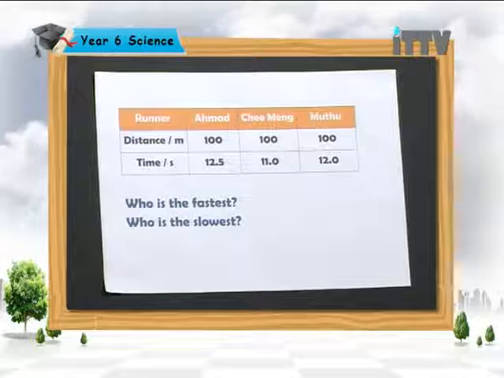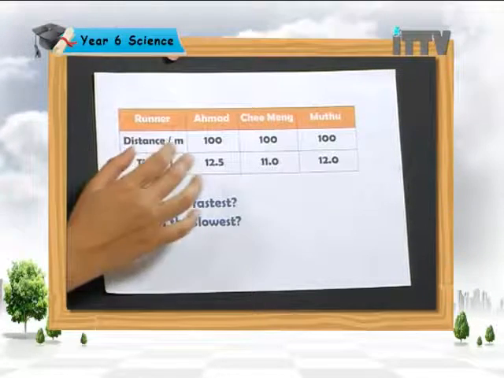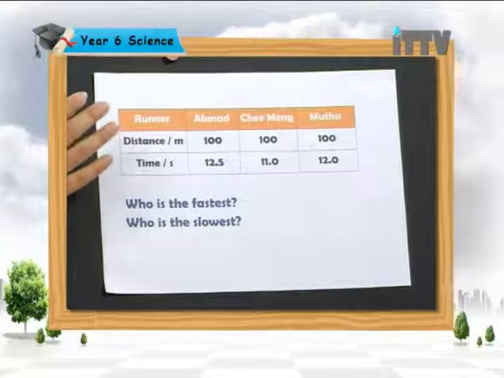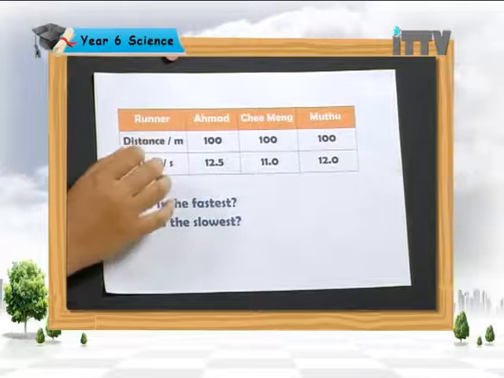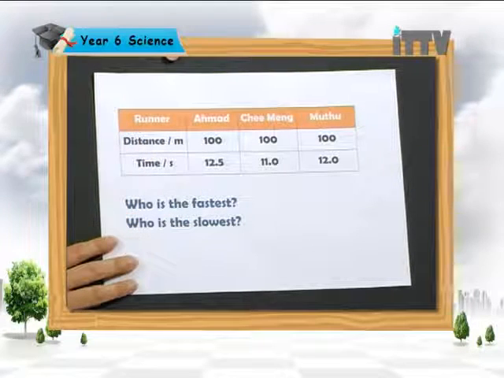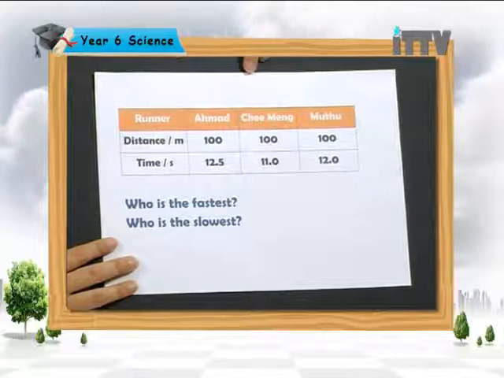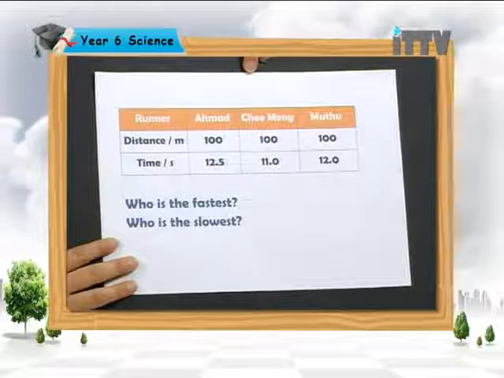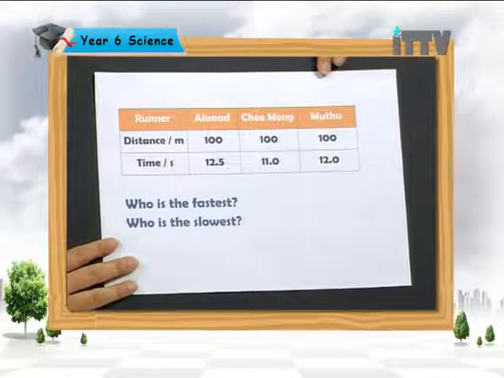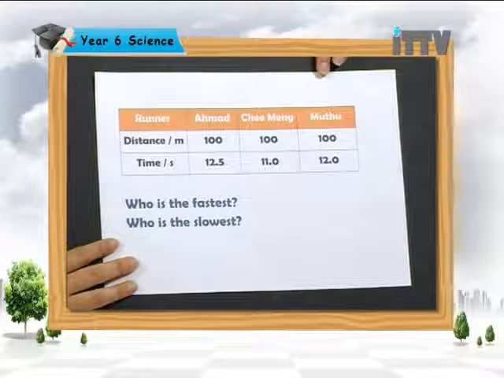They all run the same distance. However, the time taken for these 3 runners to run the same distance are different. Look, Ahmad took 12.5 seconds to run 100 meters, whereas Chiming took 11 seconds to run 100 meters, and Mutu took 12 seconds to run 100 meters.